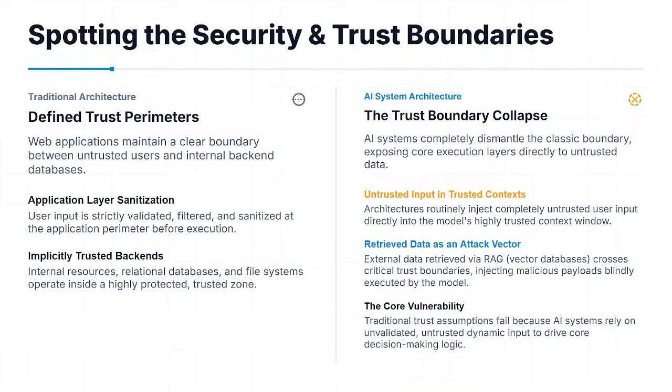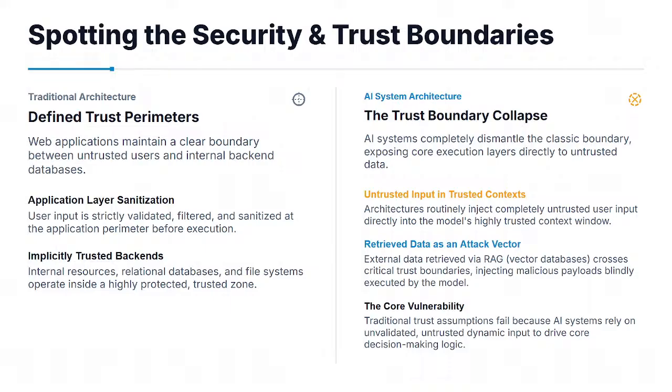Then we have retrieved data as an attack vector. We were talking about context retrieval, where you provide it with as much information as possible, especially enterprise information and things like that. But there is also the external tool integration part where it has to fetch information from external tools. Now, whatever external data is retrieved by these context retrieval systems is already crossing critical trust boundaries. You can no longer tell if there were any form of malicious payloads injected initially.